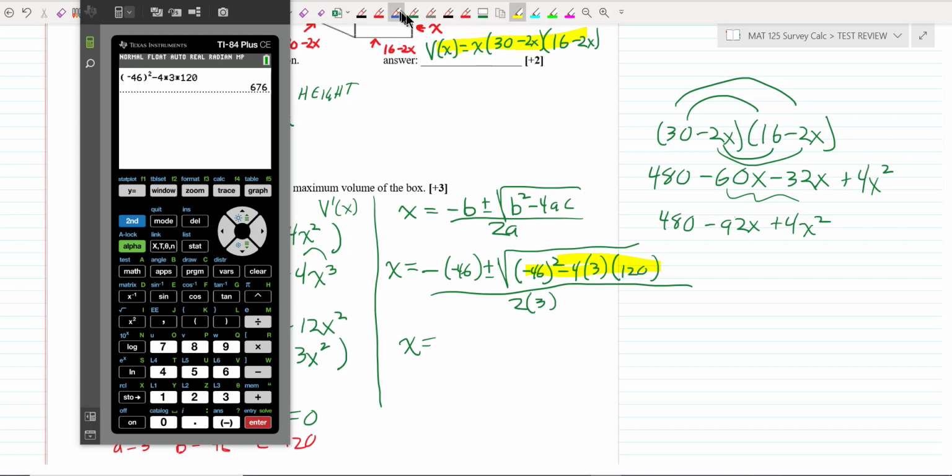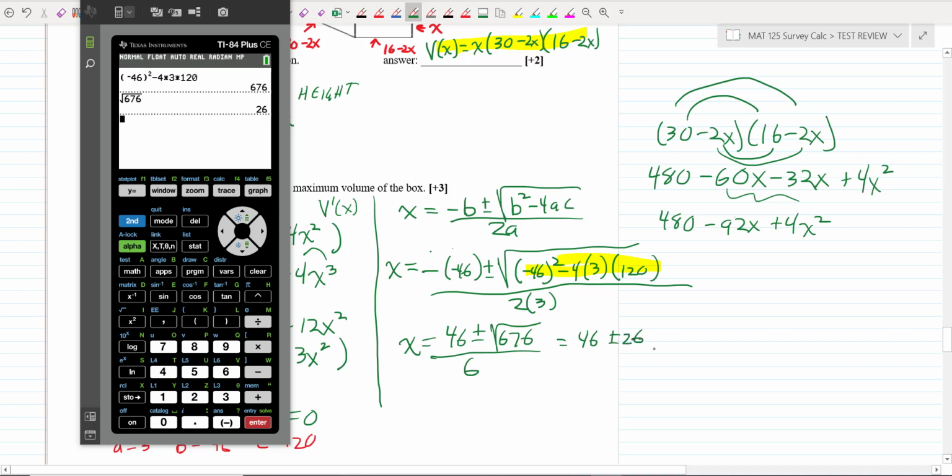Notice that what I have is a negative b, so that would be positive 46, plus or minus the square root of 676 over 6. Now the square root of 676, let's see what that is. Oh, that is a perfect square. That means this would have factored anyway; I didn't know. So this is equal to 46 plus or minus 26 over 6. That will give us a nice simple answer.